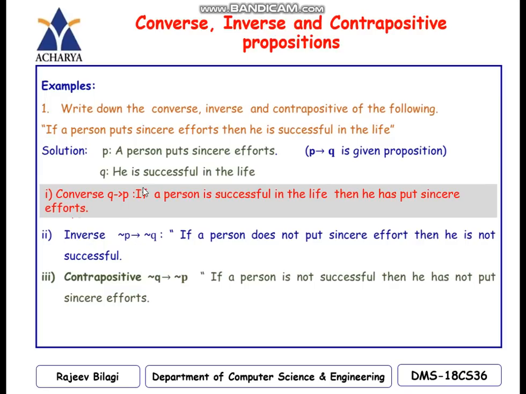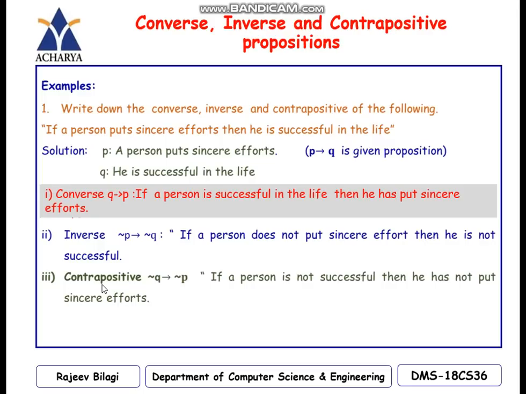Then the contrapositive, that is negation of Q then negation of P. That is, if a person is not successful in life, then he has not put sincere efforts.